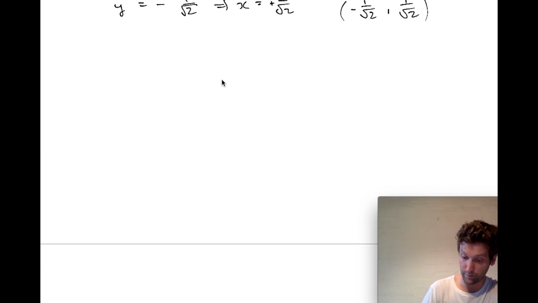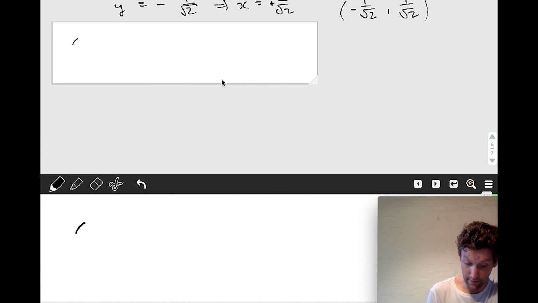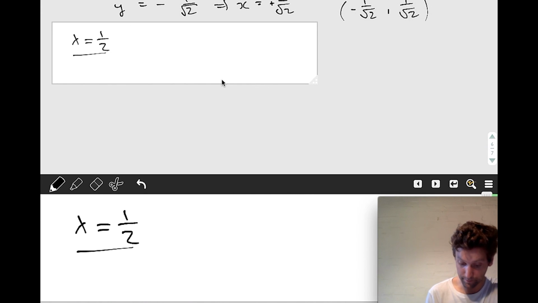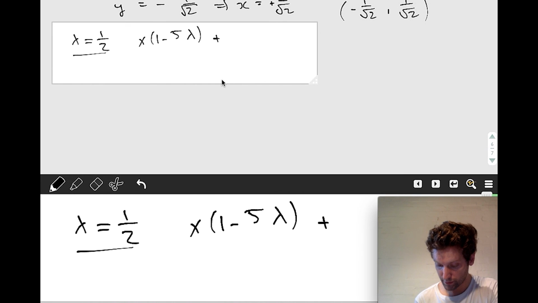So lambda is equal to a half. Again, I'm going to substitute that into x times 1 minus 5 times lambda plus 3 lambda y is equal to 0.